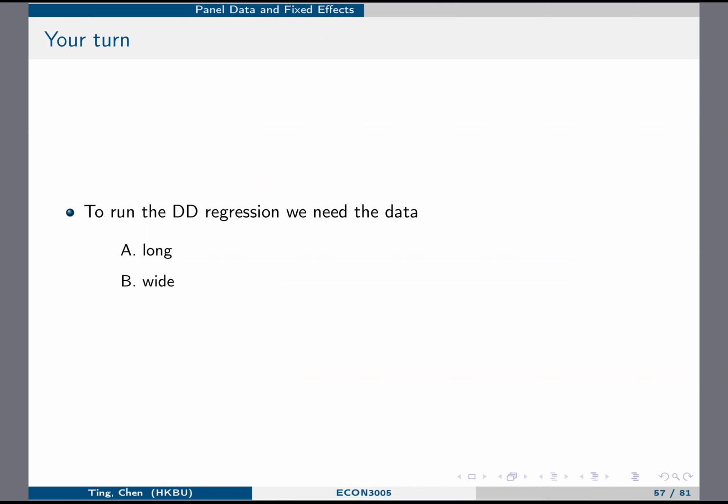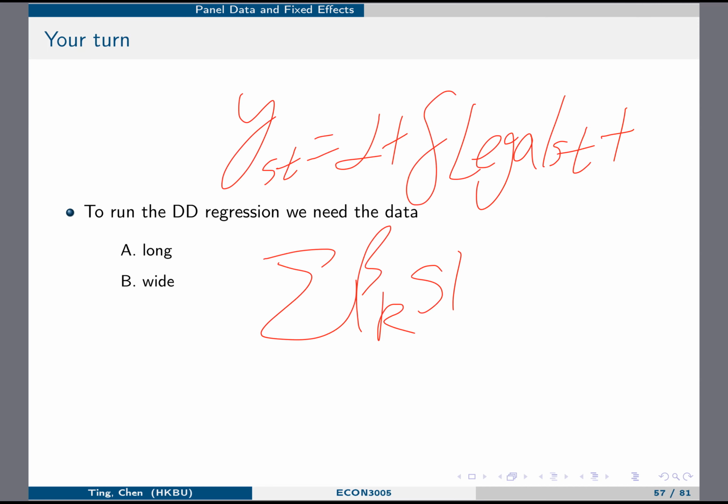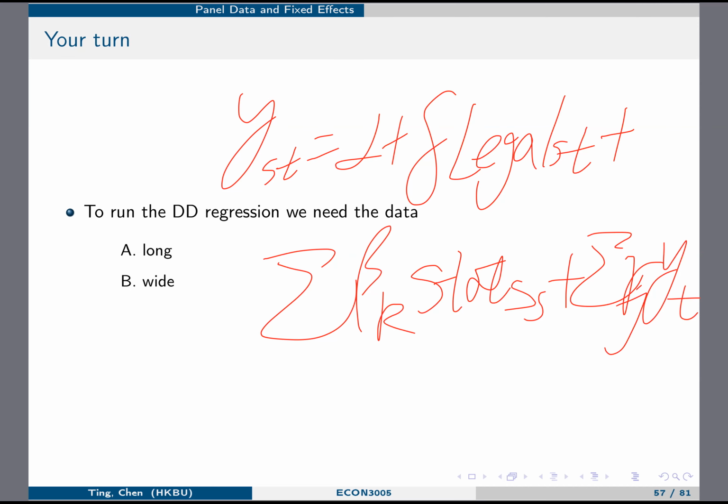For example, in the example of minimum legal drinking age, we will have Y_st equals alpha plus delta times Legal_st, and then plus the sum of beta_k State_s, and the sum of gamma_j Year_t, and plus e_st.